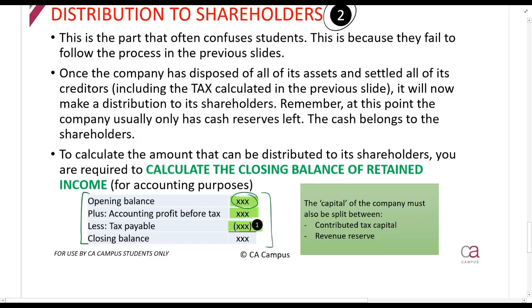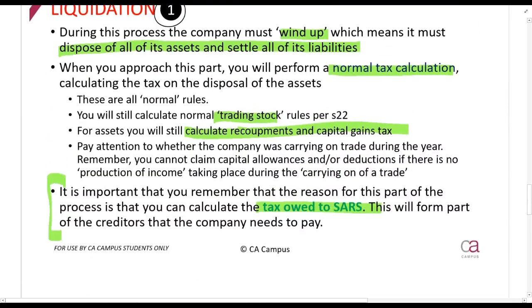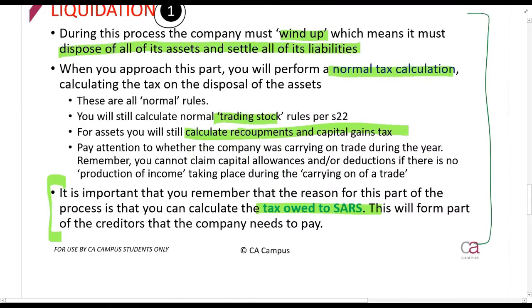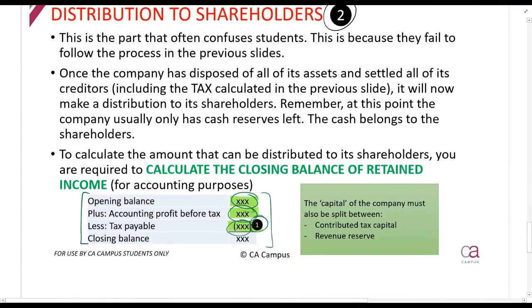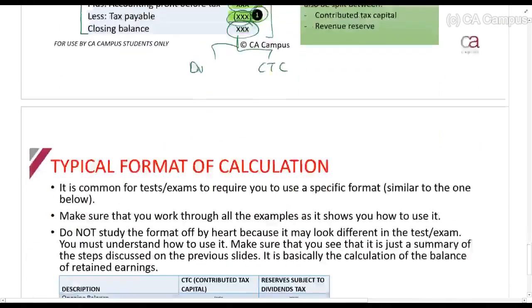Opening balance will be given to you. Accounting profit you will calculate. And the tax payable comes from number 1, so it's from this process where you calculate the disposal of the assets and how much money is left. This closing balance over here is split into 2 parts: a dividend and contributed tax capital. And this is what is paid to our shareholders.